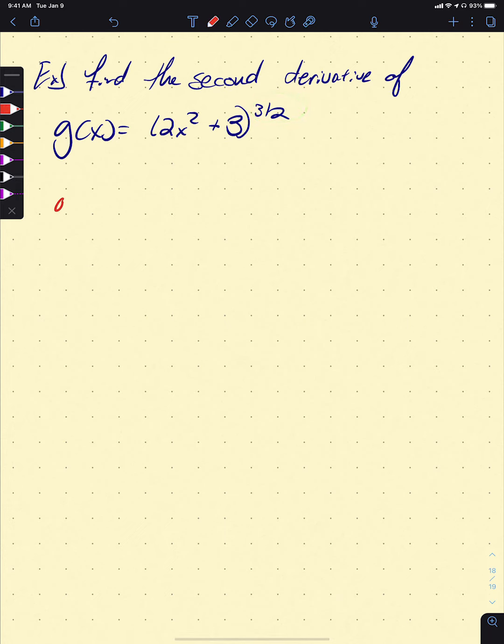So we'll say what g of u is, well, I guess first we should say u is 2x squared plus 3, right? So then u prime is 4x, right? g of u is going to be u to the 3/2, okay?